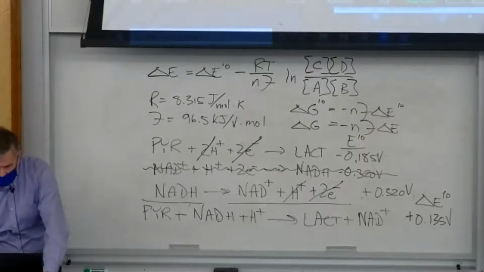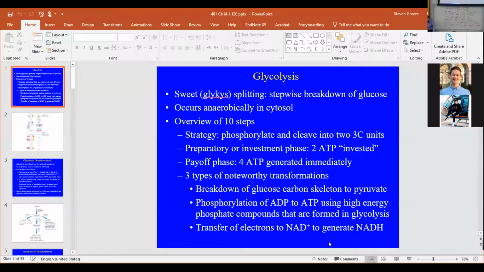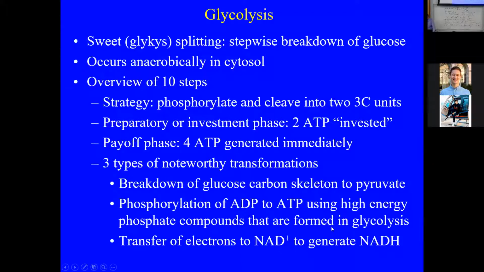And we're going to talk about glycolysis. So we have been trying to understand, first of all, the general set of players in a biological system.